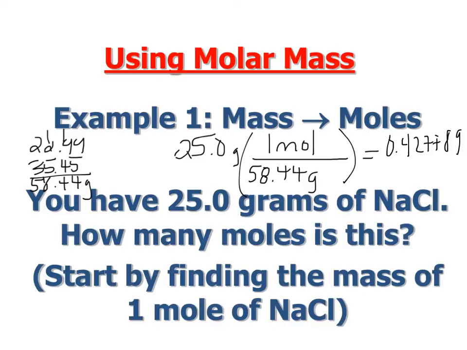If you remember sig figs, we started out with 3 significant digits. We can only keep 3. So it's going to be 0.42, and then 7 is going to be the last digit we can keep. It's followed by a 7, so 0.428. Then your units will be, I can't squeeze them in here, mole. Okay?